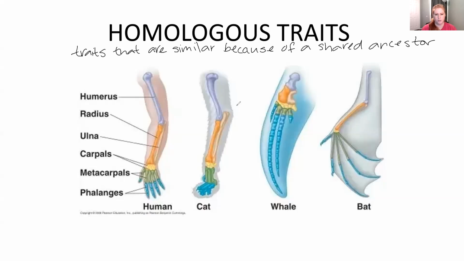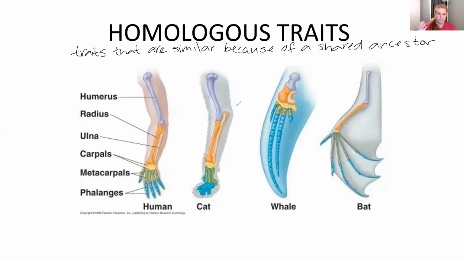So the purple or lavender one is the humerus, the radius is orange, the ulna is kind of a tan color, the carpals are yellow, metacarpals are green, and the phalanges are blue. So you can see that in the arm of a human, but then that same arrangement of bones is also found in the leg of a cat. It's also found in a whale's flipper and in the wing of a bat.